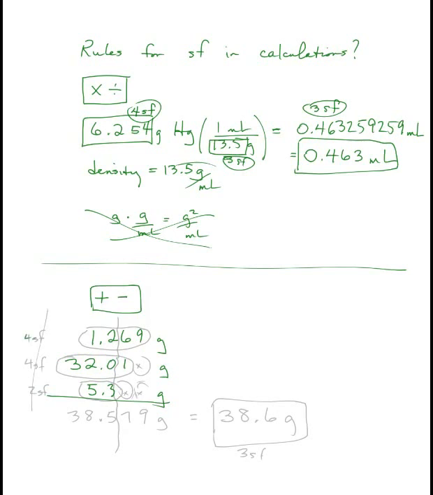That's 4 sig figs, that's 4 sig figs, that's 2 sig figs, but we don't really even care about that information. What we want to know after we add this all up is 38.579 grams.